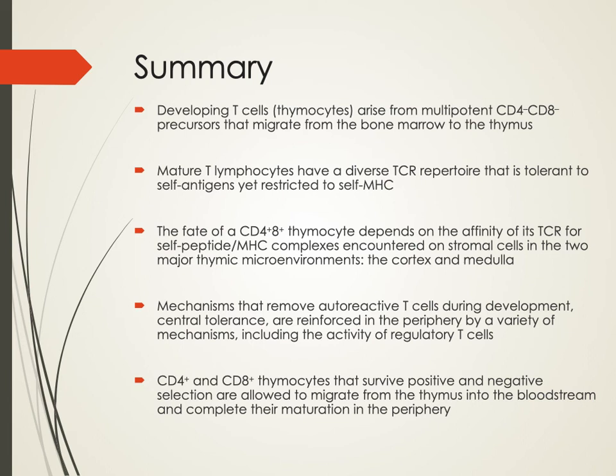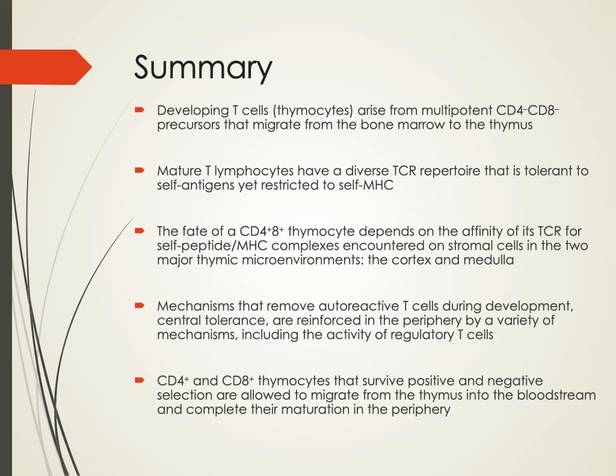These mature thymocytes have a diverse T cell repertoire because they've undergone the beta chain selection and then the alpha chain rearrangement, so that they would be able to sense presentation off of the MHCs. The fate of each of these thymocytes really depends upon the affinity of the T cell receptor to the peptide and to the MHC complex. That will dictate whether it's able to survive or not.